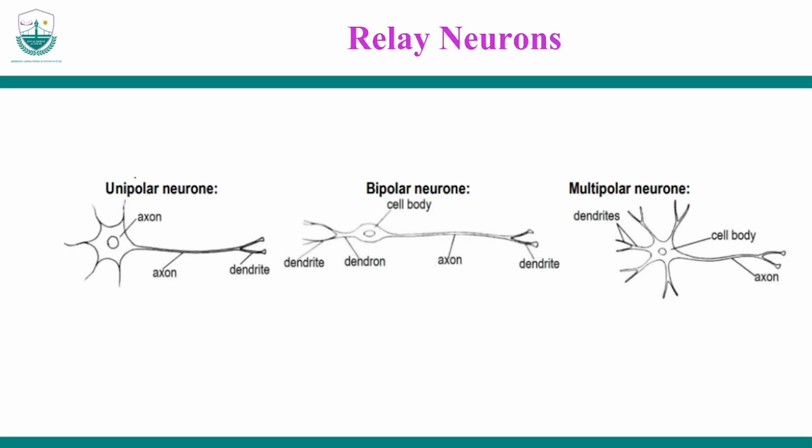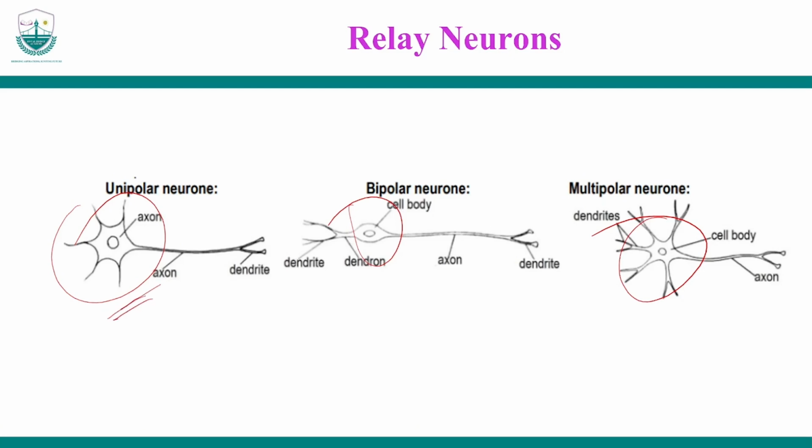So they have the cell body. What can you notice from the cell bodies of these neurons? The cell bodies can be at one extreme end. If it is at one extreme end, then we say that is a unipolar neuron.